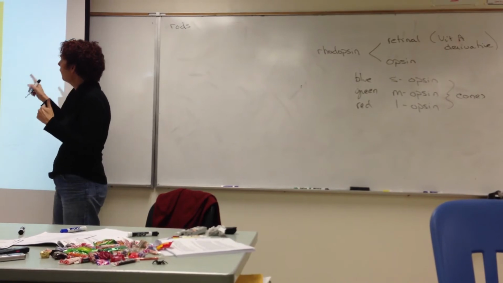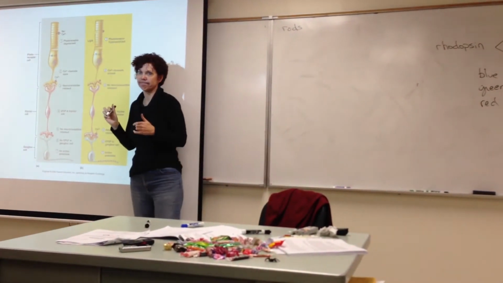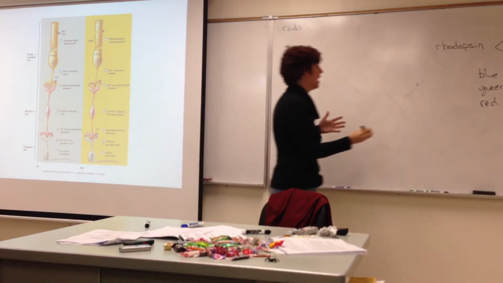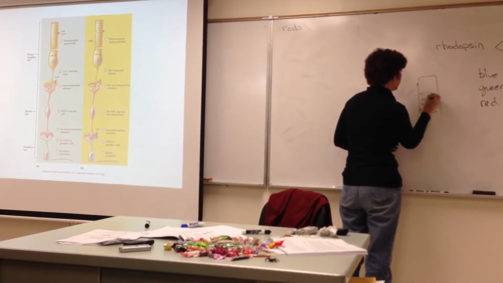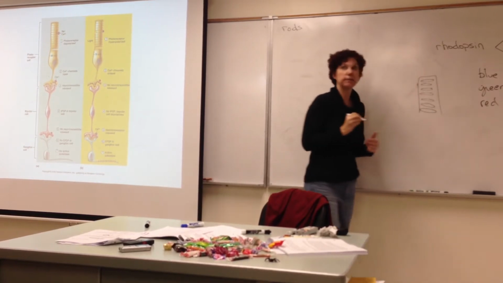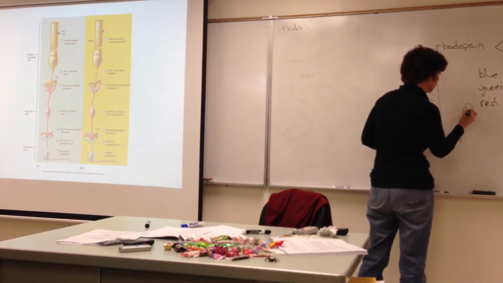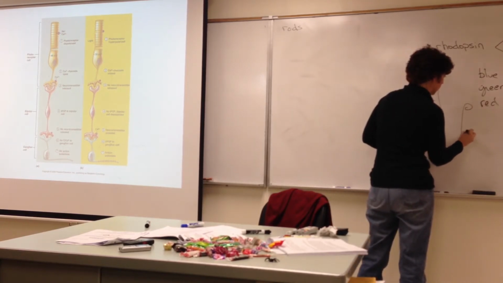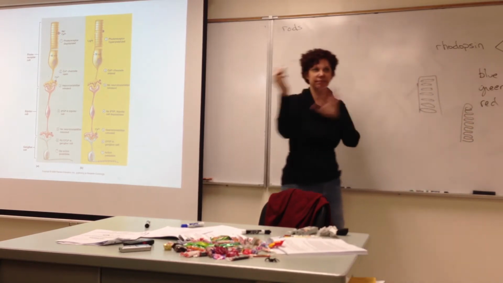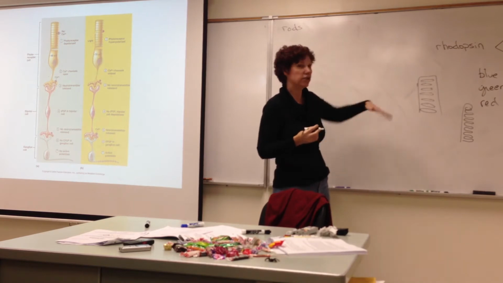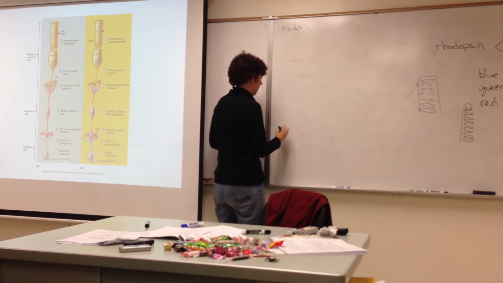Both the rods and the cones have these discs. Some of the discs are within an enclosed fold of plasma membrane. That doesn't affect the way they function, but it's just a slight difference in their organization.